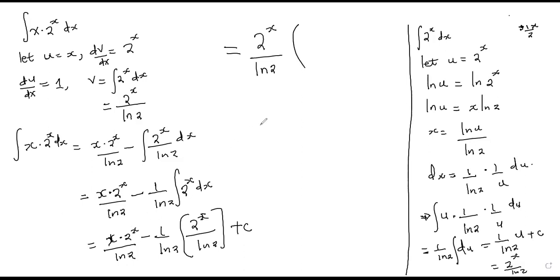Now here I will have x minus what? 1 over ln 2, because 2 power x over ln 2 is already outside.